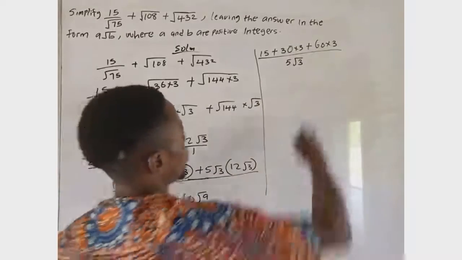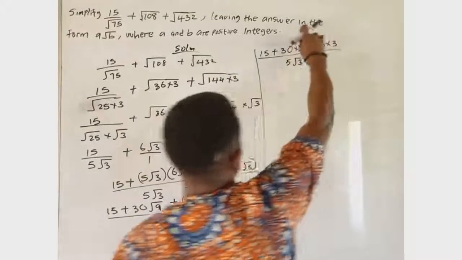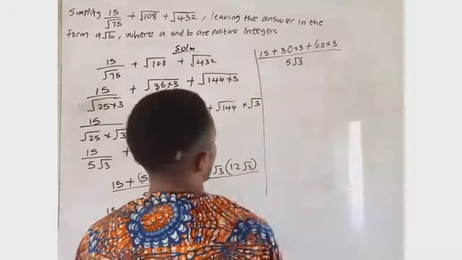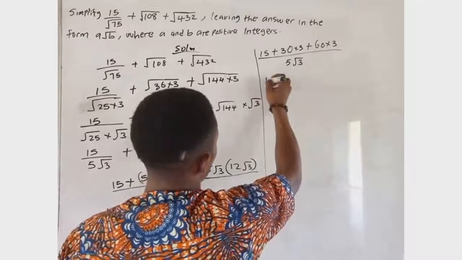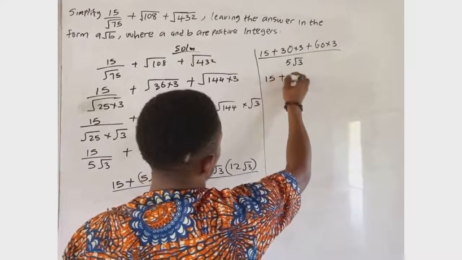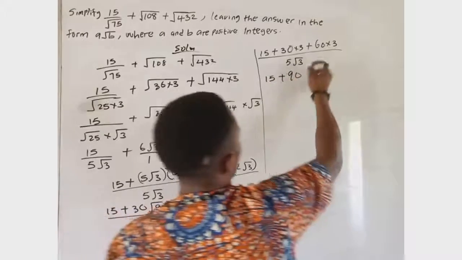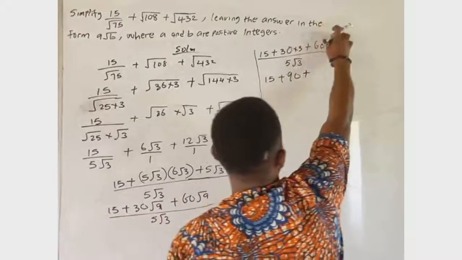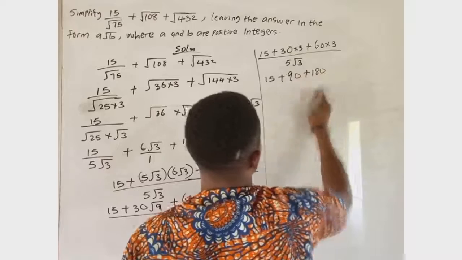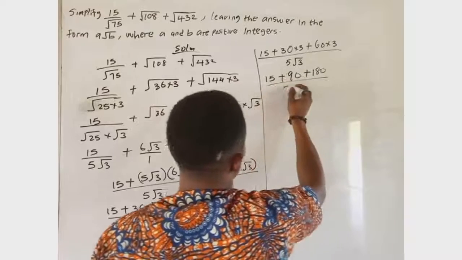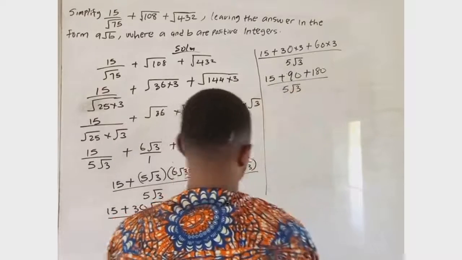So let's do the multiplication of this one. 3 times 30 gives us 90. We have 15 plus 90 plus 60 times 3, that gives us 180, divided by 5 root 3.